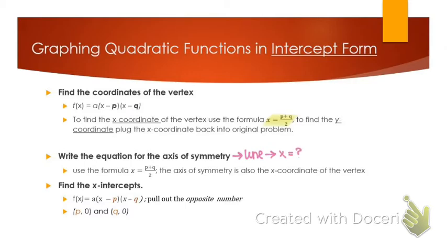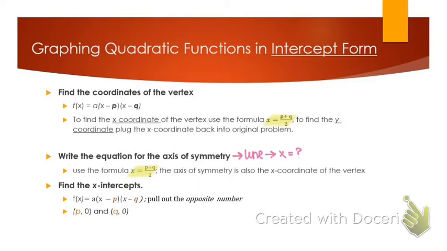Now, what do we know about the value of the axis of symmetry and the x coordinate of the vertex? They are exactly the same, and that is in your notes. Because look, it says use the formula. That is the exact same formula that we just highlighted when we want to find the x coordinate of the vertex. So that should tell you right there, the axis of symmetry and the x coordinate of the vertex are the exact same number.